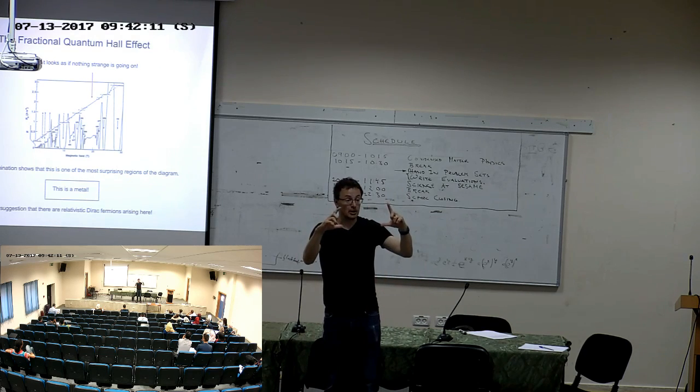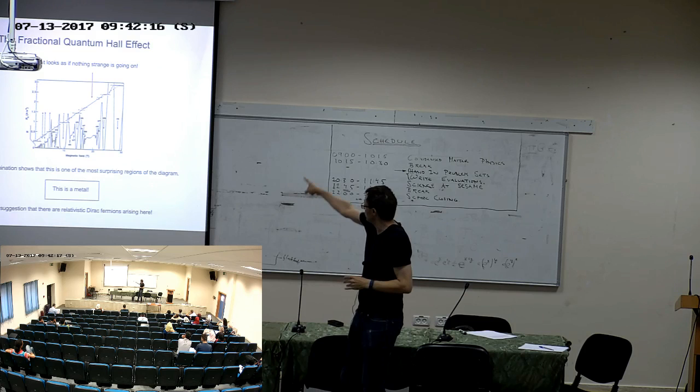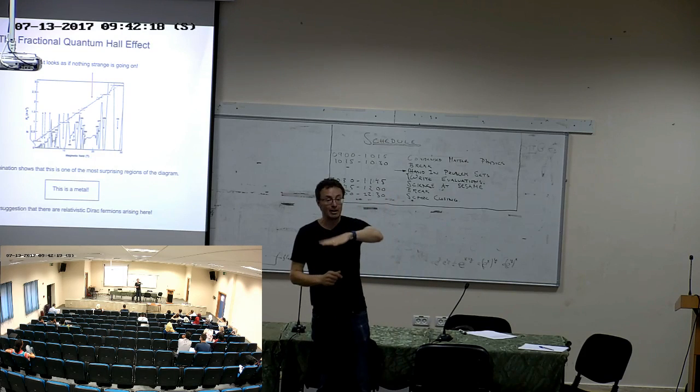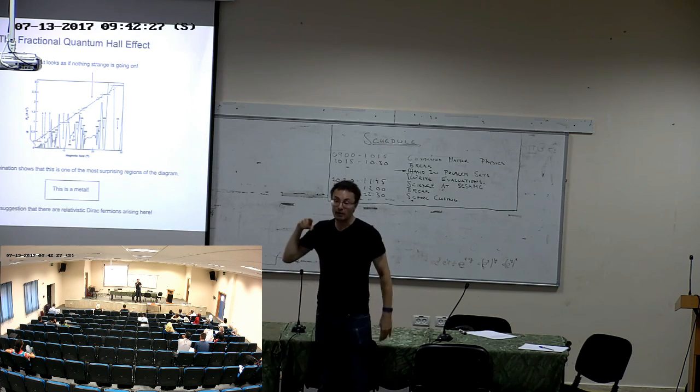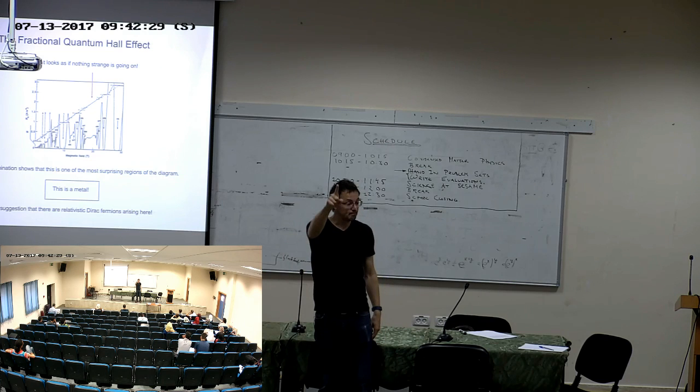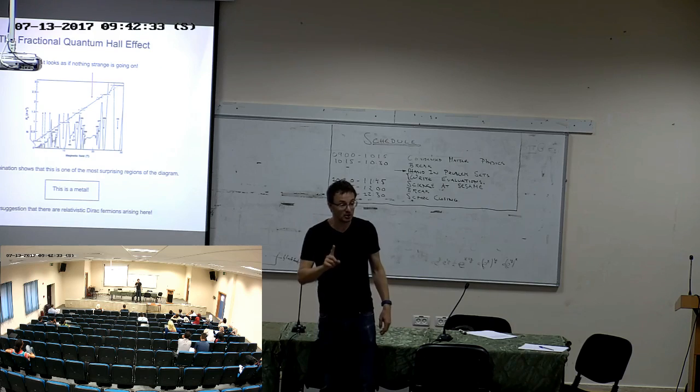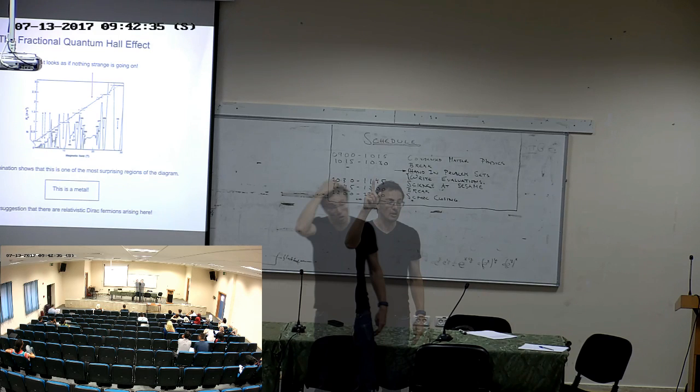And in fact, the experiments show something else. The experiments show that if you're at half filling, so the Landau level is exactly half filled, that's that region of the phase diagram, by the way, then the excitations about the Fermi surface are electrically charged, and they travel in a perfectly straight line, just like in a metal. So there's no Hall conductivity at all. Electrically charged excitations just travel in a straight line.